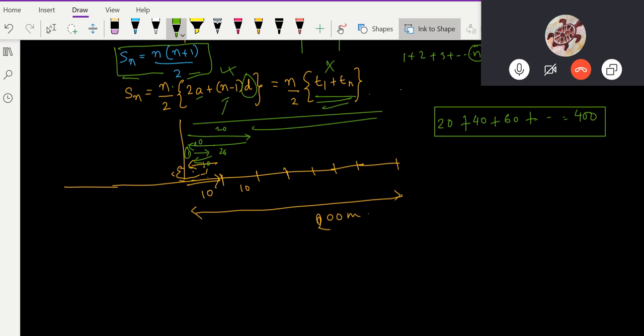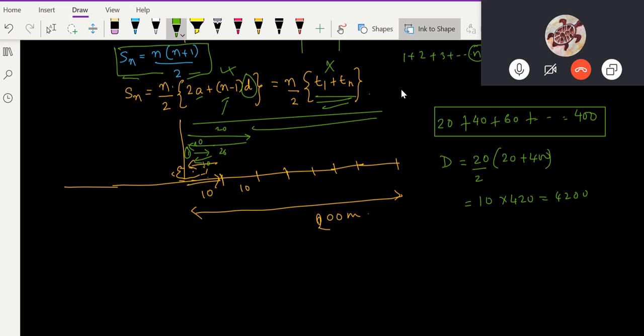Then what would be the distance? It will become 20 upon 2 into 20 plus 400. Correct. So this is 10 into 420, which is 4200.